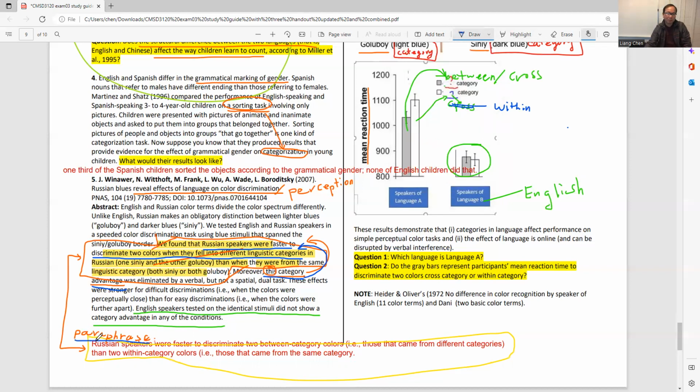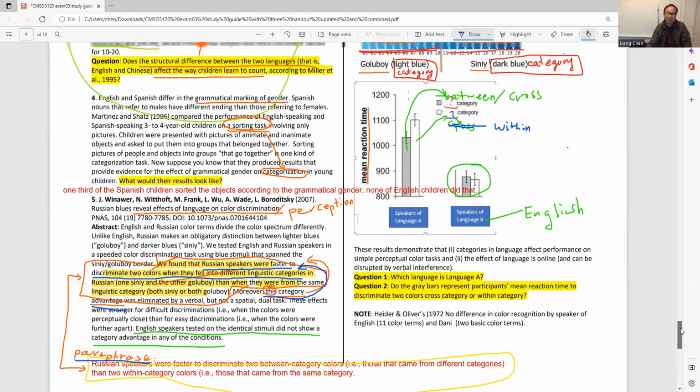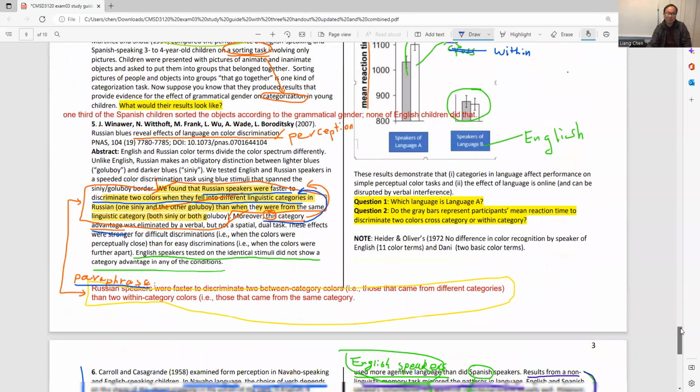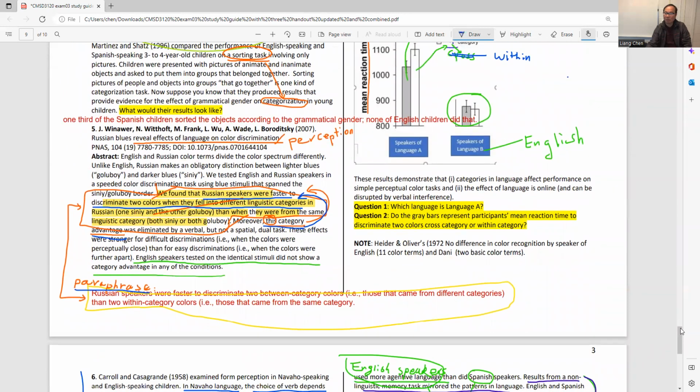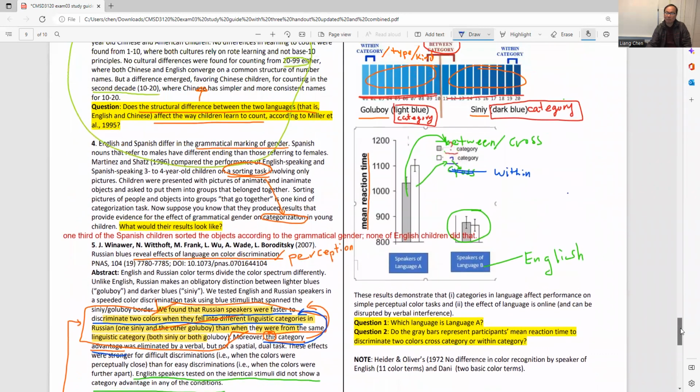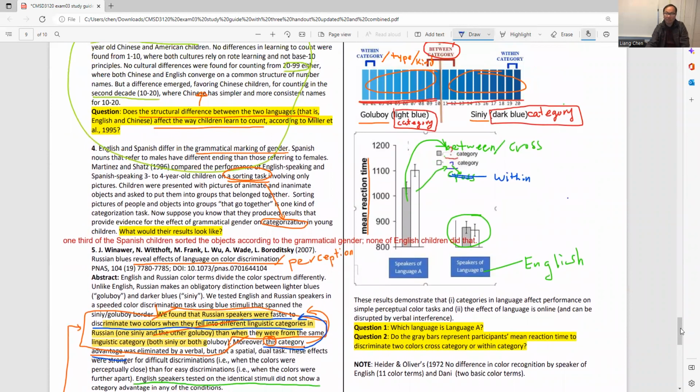Now you know the results. Now let's see. So that is the category advantage.